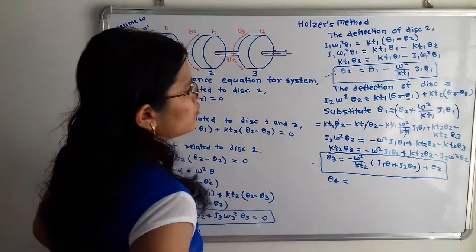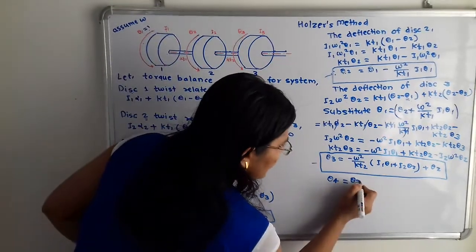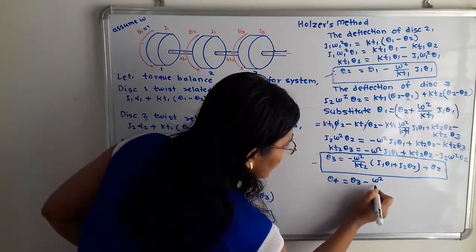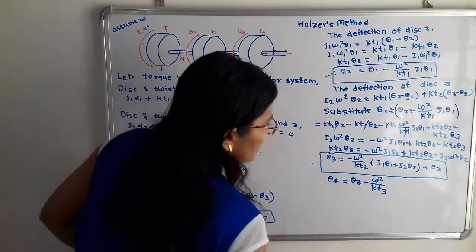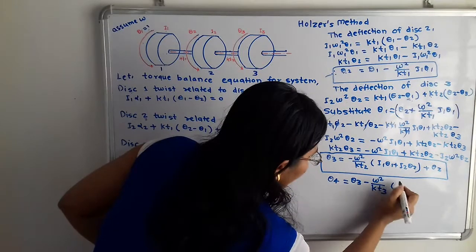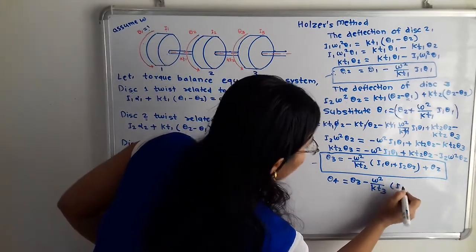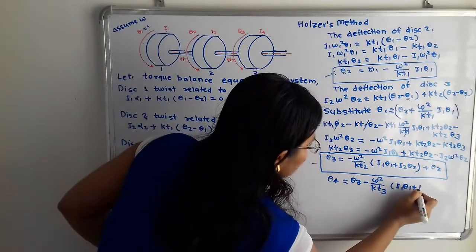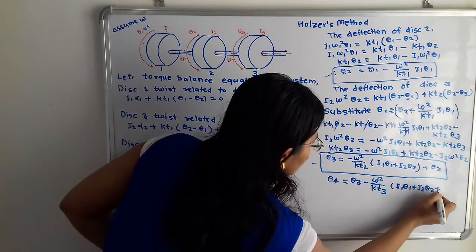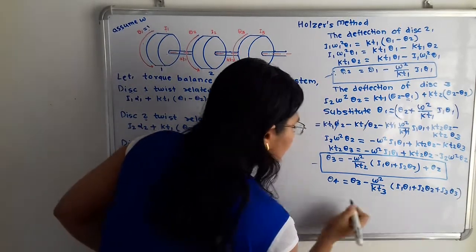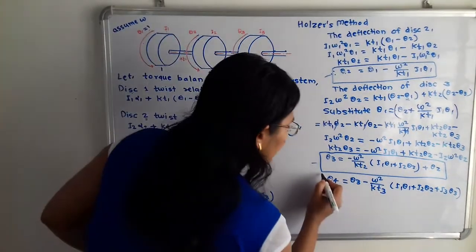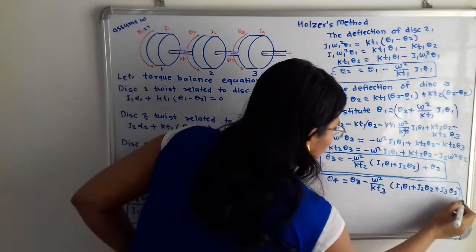Theta 4 is equal to, how can we write, that is theta 3 minus omega square by kt3 inside the bracket, that is I1 theta 1 plus I2 theta 2 plus I3 theta 3. So this will be the formula. In this way we can proceed for any number of discs.